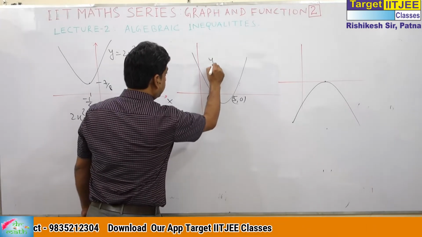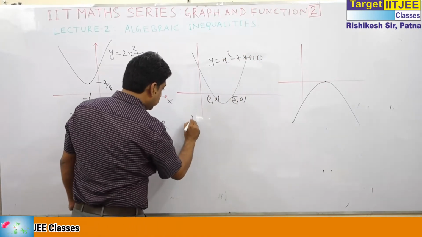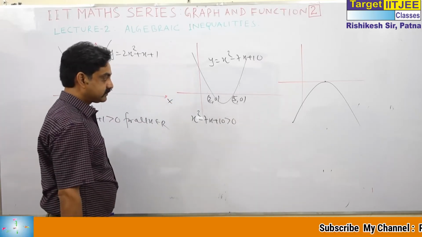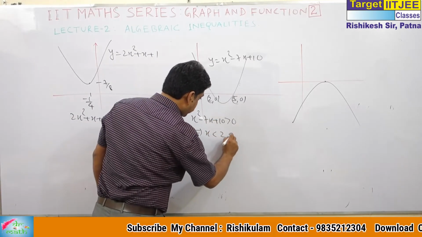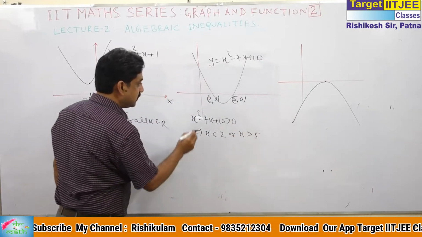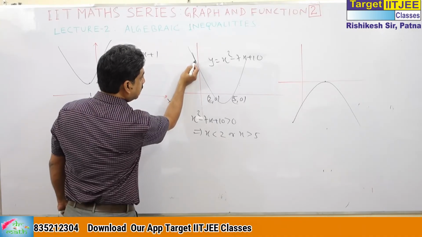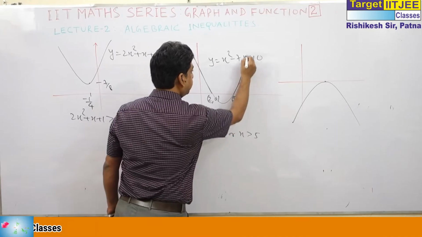Now, this is actually y is equal to x square minus 7x plus 10. You can say x square minus 7x plus 10 greater than 0. This implies x less than 2 or x greater than 5. You can see this portion of the graph lies above the x-axis and this portion of the graph lies above the x-axis.